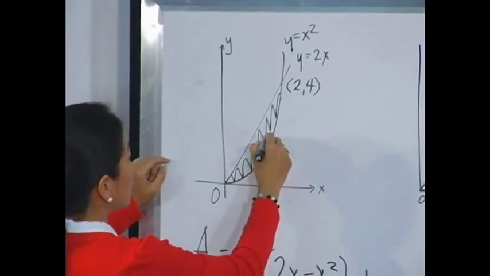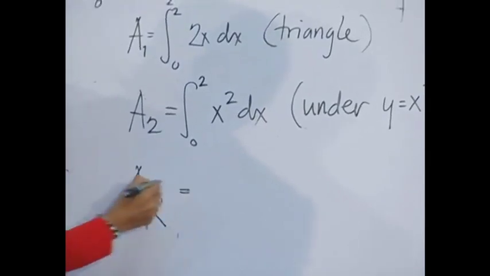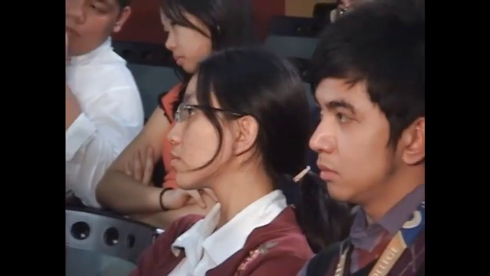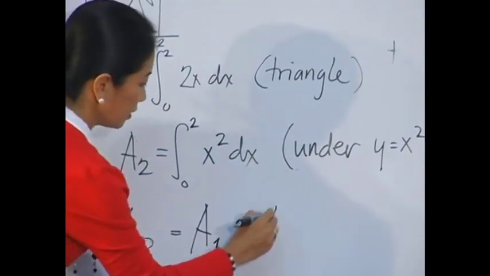Now if we want this actual region, the area of this region R is given by the triangle minus A2.